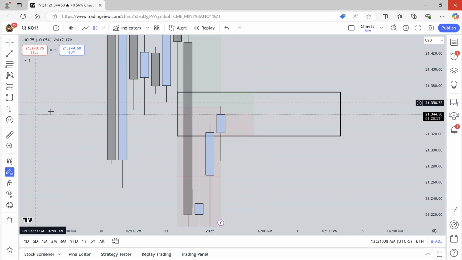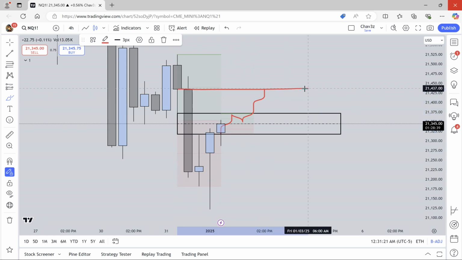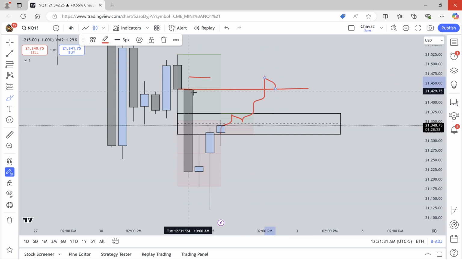So what I would love to see is us trade above this 4 hour, and then continue higher, attack this open of the 4 hour, break to attack this wick, drop after we get outside of the range of this candle, right?